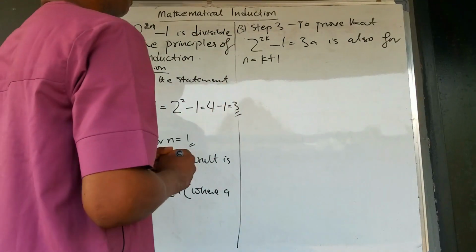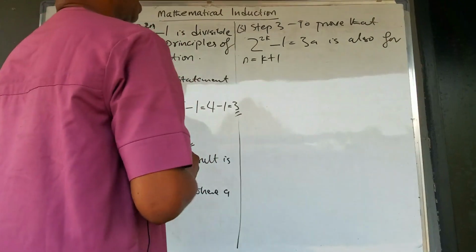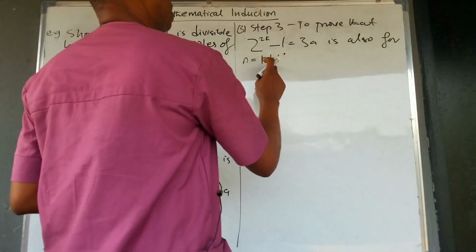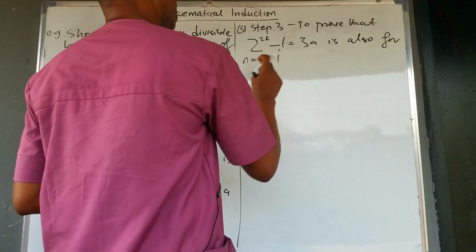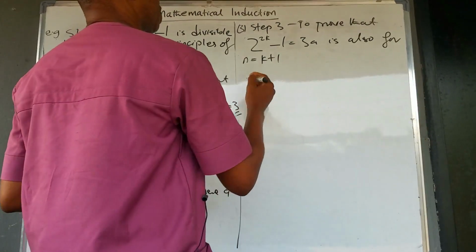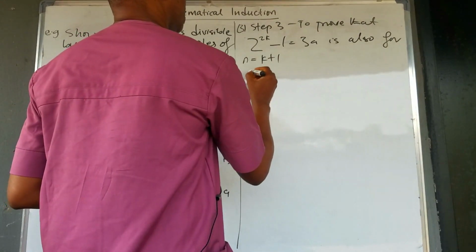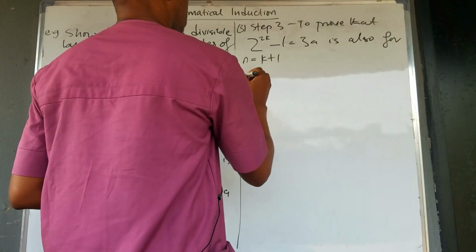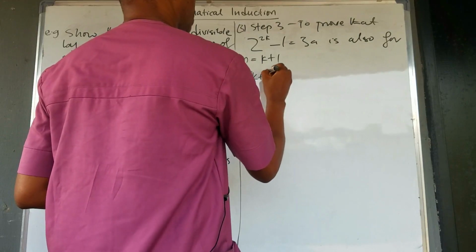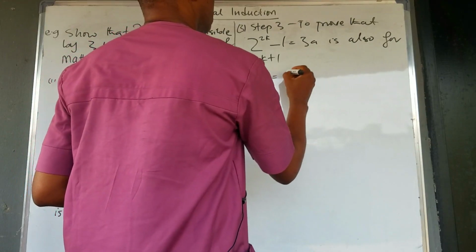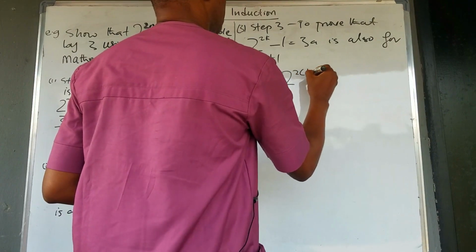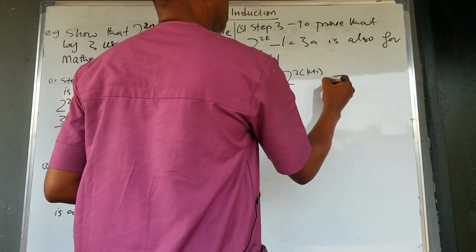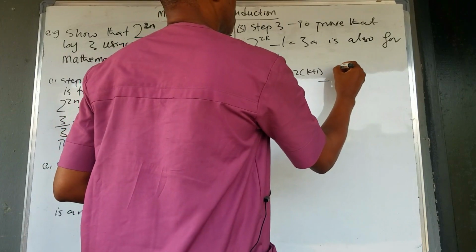So when you look at this carefully, we are going to replace everything here with k plus 1. So I will now have it as, let me call it P(k plus 1), which is 2 raised to the power 2 open brackets k plus 1, minus 1.